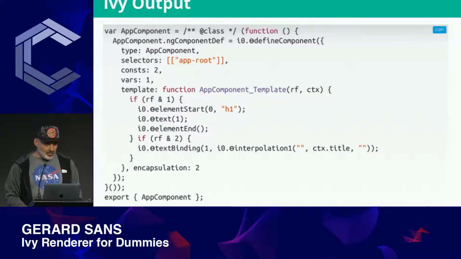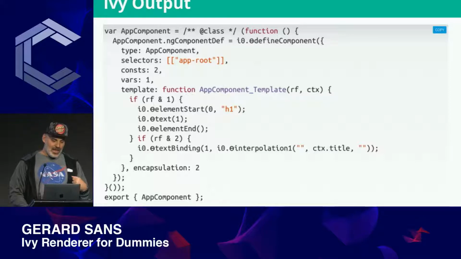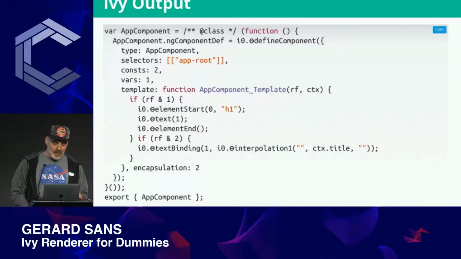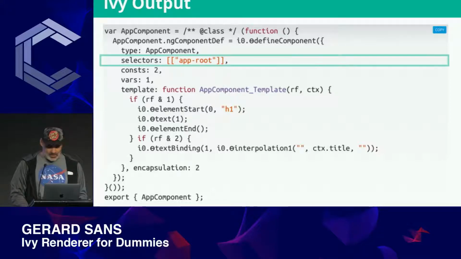Let's see the output. That's going to show us these instructions. And basically, what we see is this element start and element end. And these are some abstractions that we can reuse for different elements. And that will bring us a lot of benefits. Let's follow this code.